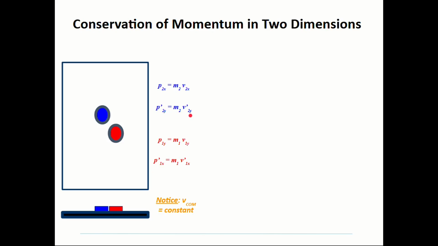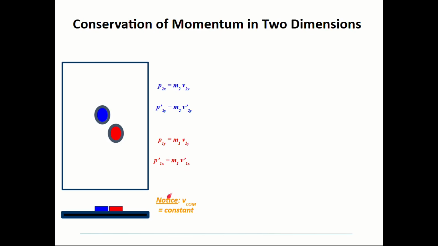So we're potentially dealing with a new speed as well. And then something similar happens with the red puck, where we have p prime 1x, x representing the x direction, and the prime for new momentum, with the same mass times our new velocity.